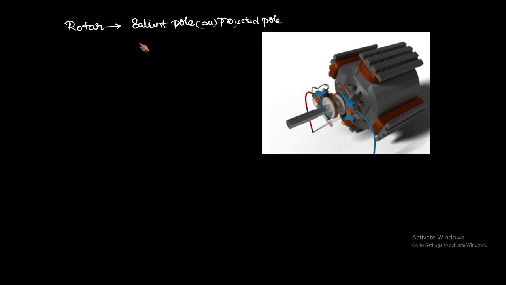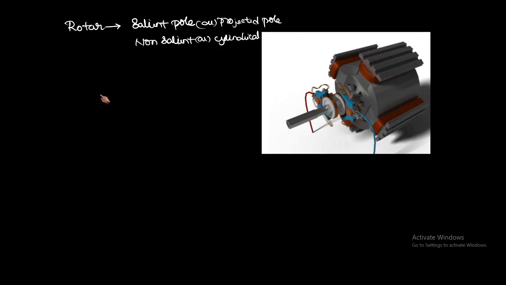Another one is non-salient or cylindrical. Both are the same, non-salient or cylindrical rotors. So we have two types of rotors: salient pole, projected pole, or non-salient pole, cylindrical rotors.